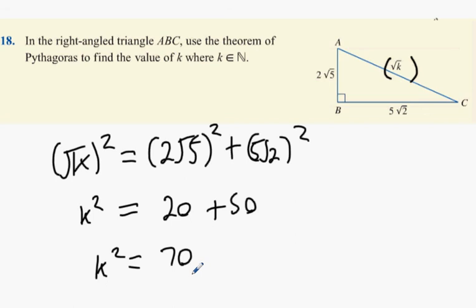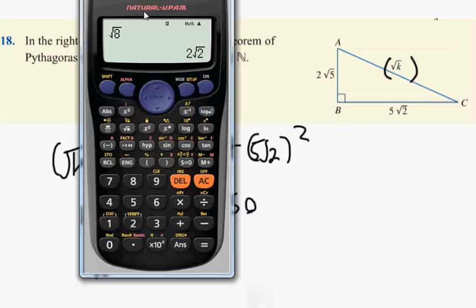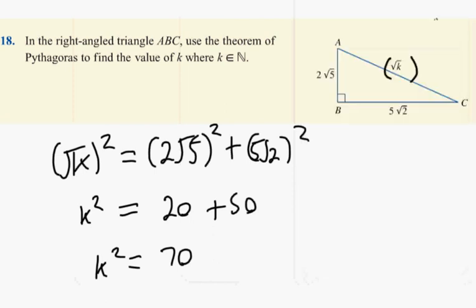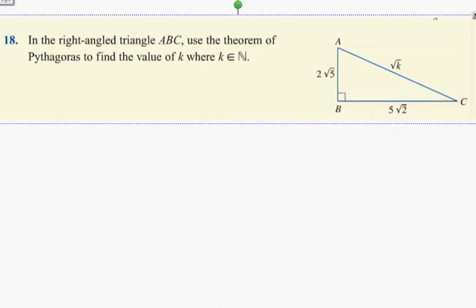Sorry? Did we make a mistake here? Oh, it's just k. Yeah, that's where I made a mistake. Root k squared is just k. So, that's what we have here. Just k equals 70. Is everybody alright with that? Okay. That's us now, yeah? Okay, that's us.